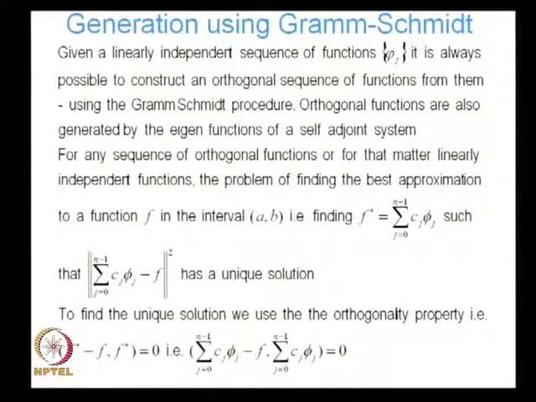Earlier in this lecture, maybe sometime in the first quarter, we talked about Gram-Schmidt orthogonalization, particularly in the context of the QR method. But Gram-Schmidt orthogonalization is important not only for vectors, it is very important for functions also. Why?